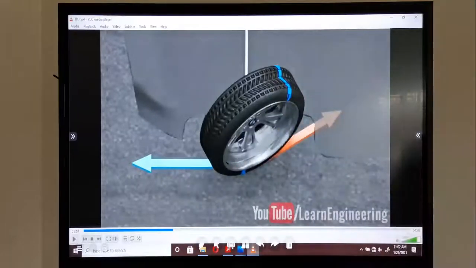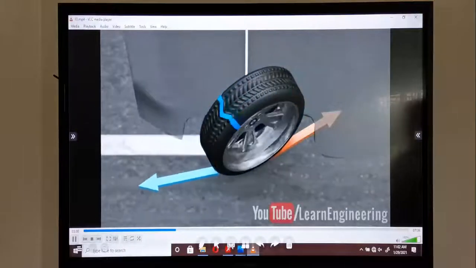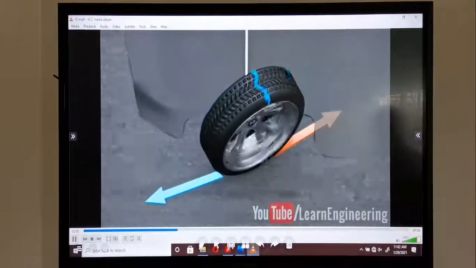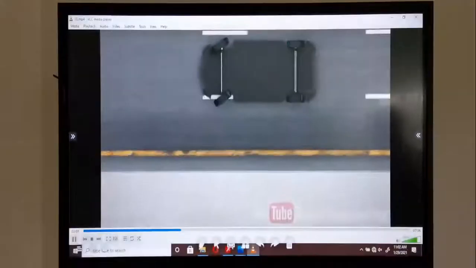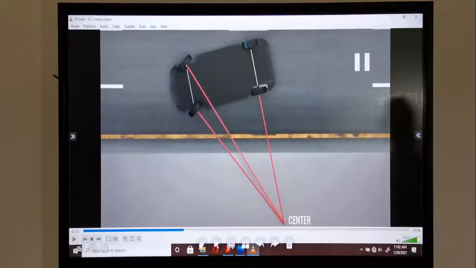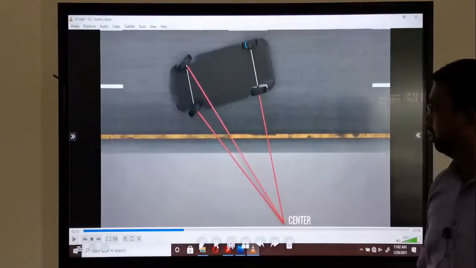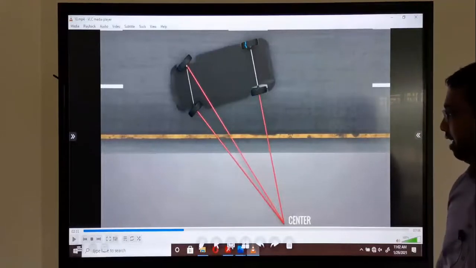I already taught these things in the ABS brake system. Here you can see, when the car is going to turn without slipping, what happened?